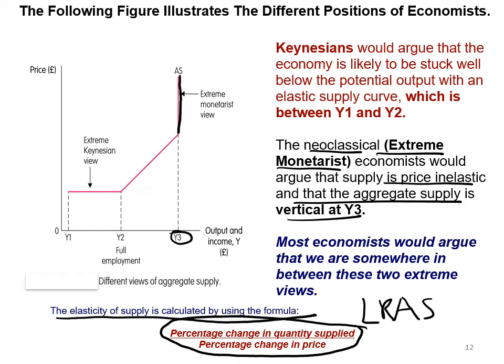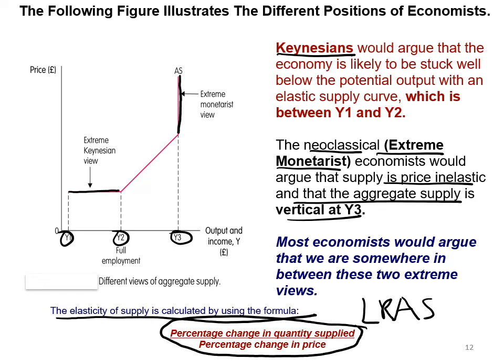However, Keynesians would argue that the economy is likely to be stuck well below this potential output with an elastic supply curve, maybe even a perfectly elastic supply curve, as we have over here between Y1 and Y2. Why is this? Say the labor market does not clear rapidly, so for long periods of time we are below full employment. Wages are sticky, there's high bargaining power of trade unions, and employees won't take pay cuts.